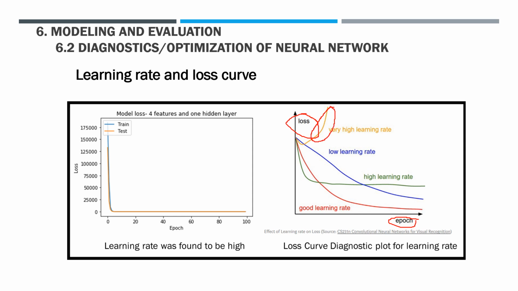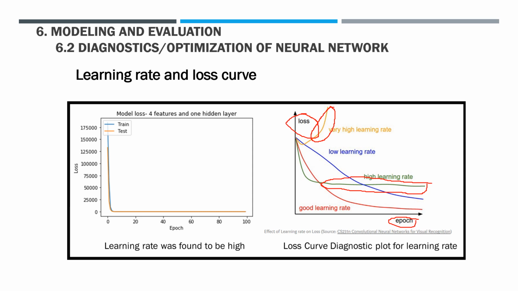And if the learning rate is high, again the model will never reach the desired outcome or the desired loss. It will just continue moving in the direction without touching the optimum point.